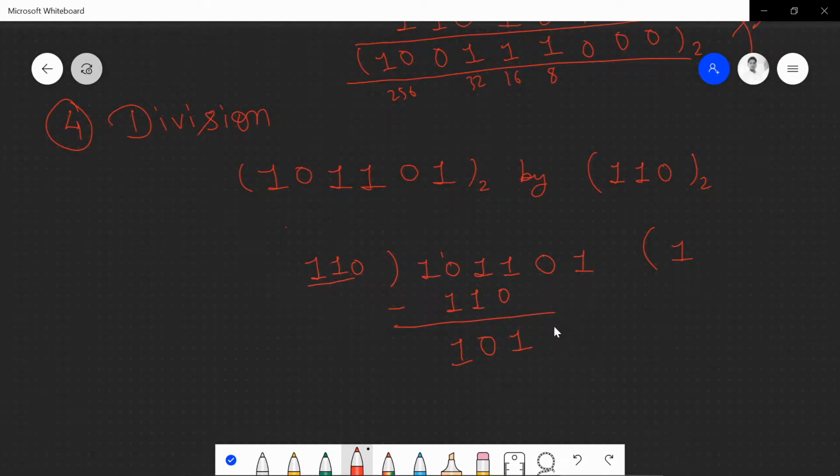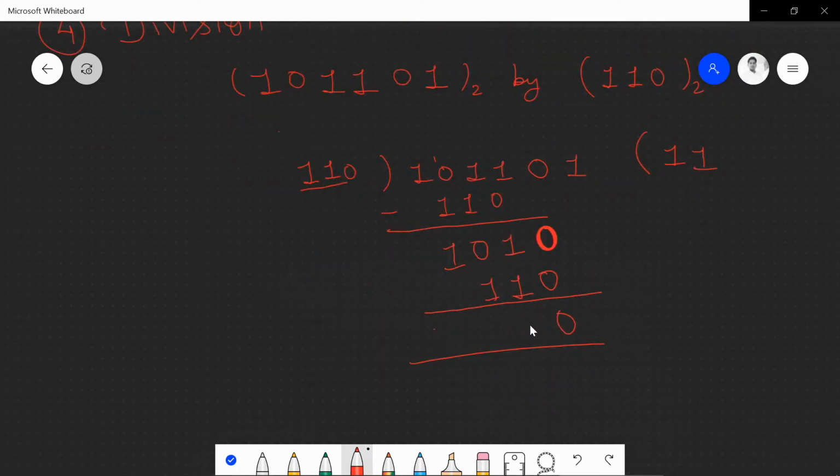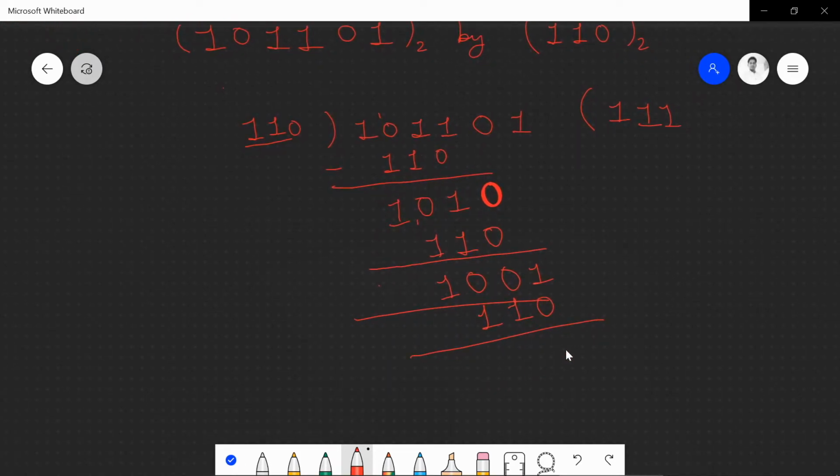Next 0, then it will again go by 1 time. So just write 1 1 0, it will become 0, 1 minus 1 is 0, and this is borrow, so it will become 1 only. Then we take one more 1, and it will go by 1 time, so it will become 1 1 0. Now the subtraction will become, this is 1 and this will become 1 and this will become 0 0.